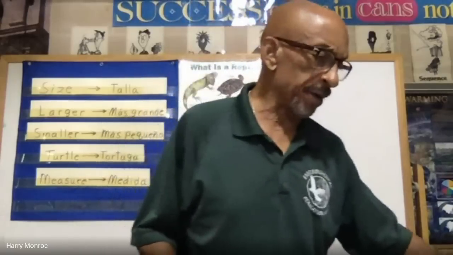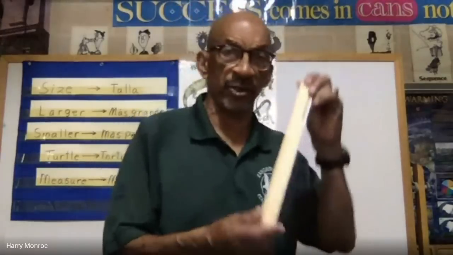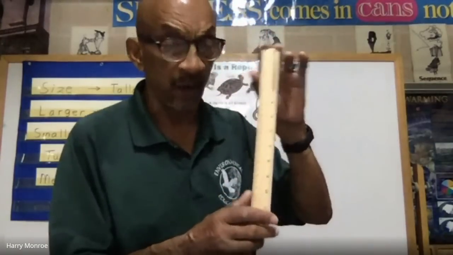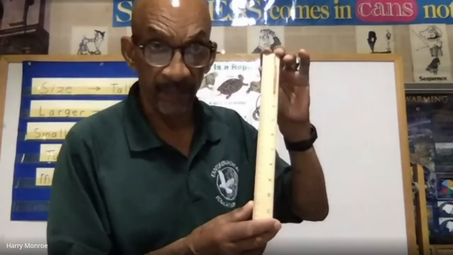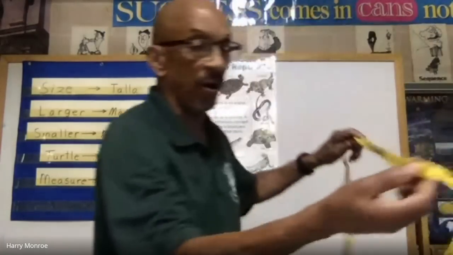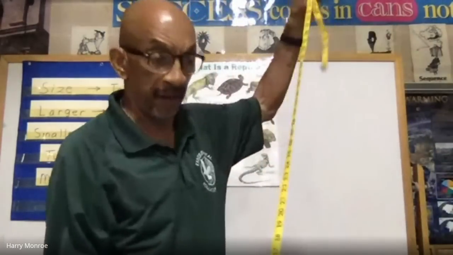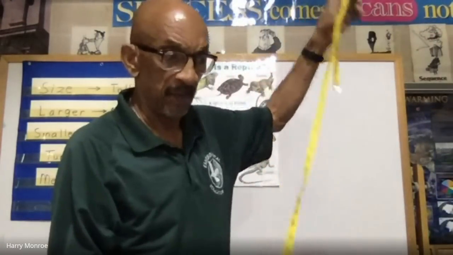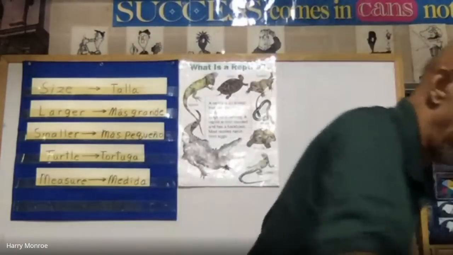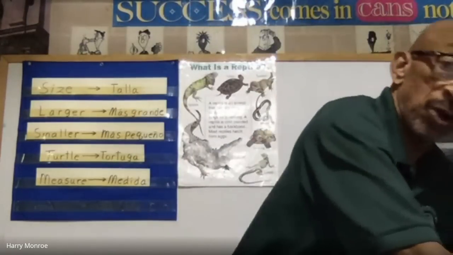So then you have to use a scientific tool to take a measurement, right? One of the most common tools that we use is called a yardstick or a ruler, okay? Or sometimes even a long strip called a measuring tape. But today we are not using that because sometimes you don't have those tools around.